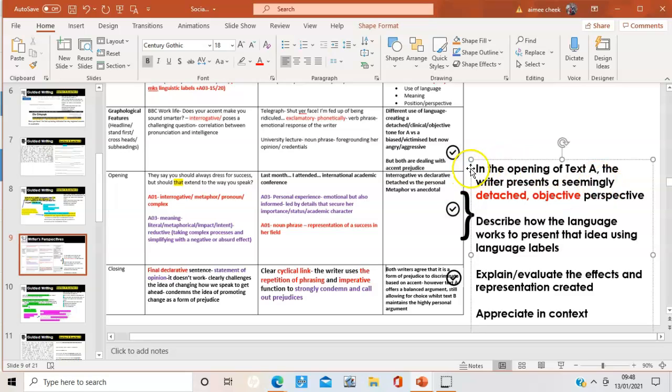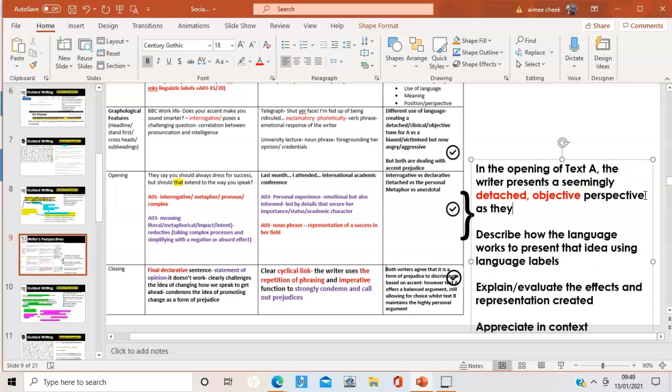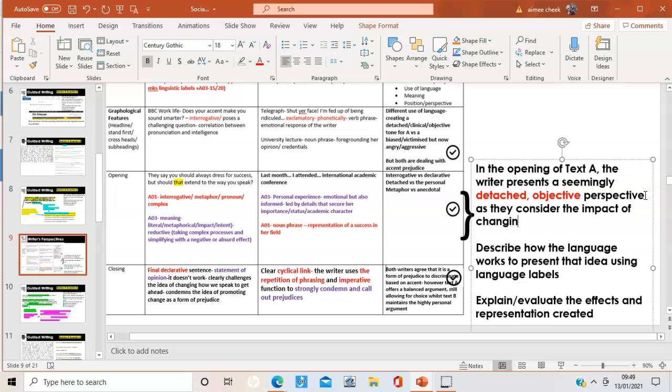So we have now done the first I. We have identified the perspective. So in the opening of text A, the writer presents a seemingly detached, objective perspective. Now, because I always like to tie it into specifics, it's towards accents, towards speech: a seemingly detached, objective perspective as they consider the impact of changing the way a person speaks.